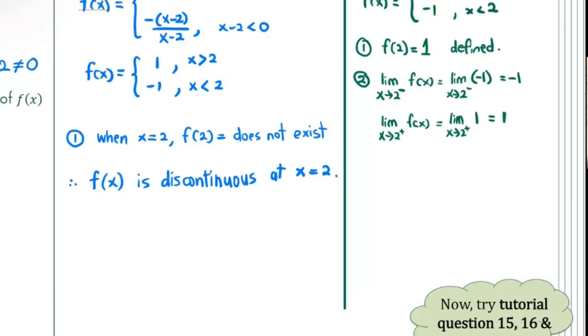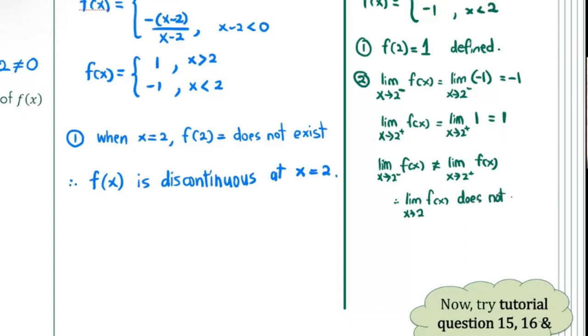So kalau tengok dekat condition kedua ni pula, the limit of x approaching 2 from the left is not the same as the limit of x approaching 2 from the right. Okay, nampak tak? Satu ni dapat negatif, satu lagi positif. So value dia tak sama. So adakah limit at 2 exist? No. So we can conclude the limit of x approaching 2 of f(x) does not exist.